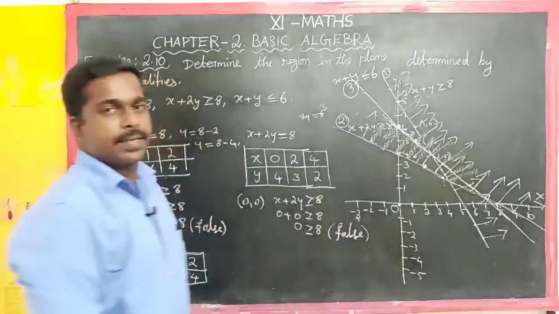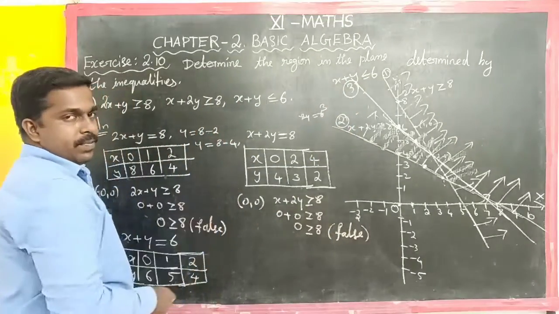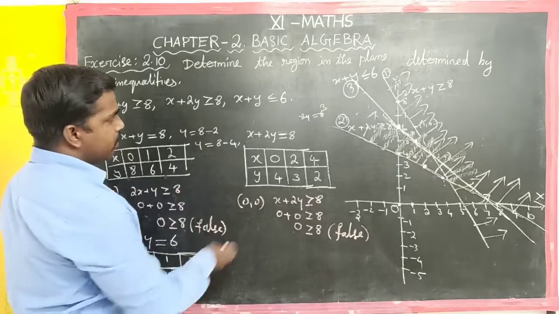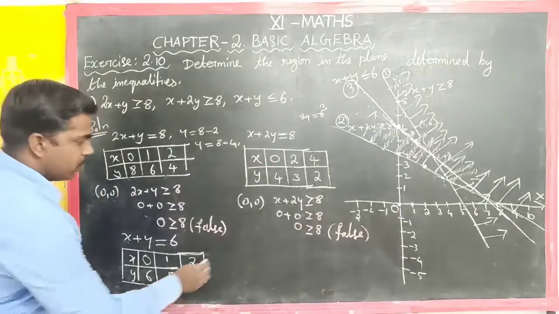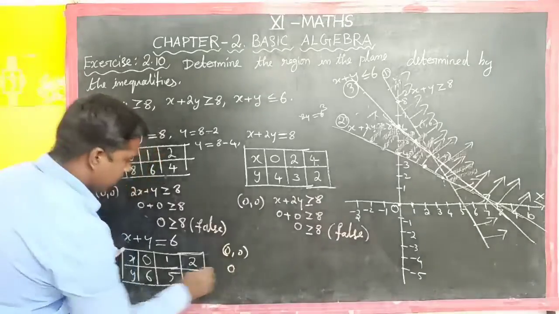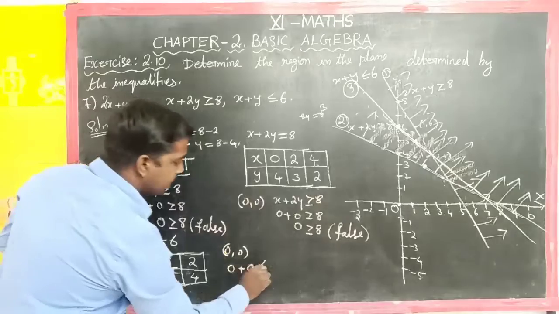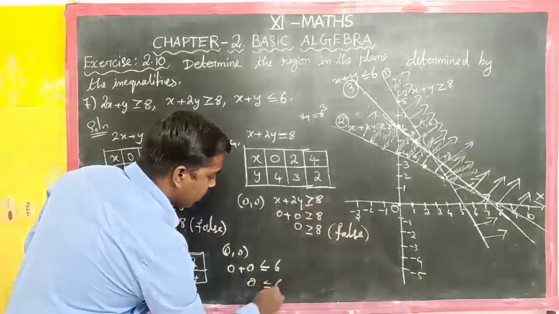Next we have to decide the shading area, where we have to shade. For that I am going to take the point (0, 0). Again we put x equal to 0 and y equal to 0. The inequality is less than or equal to 6. So 0 plus 0 is 0, which is less than or equal to 6.